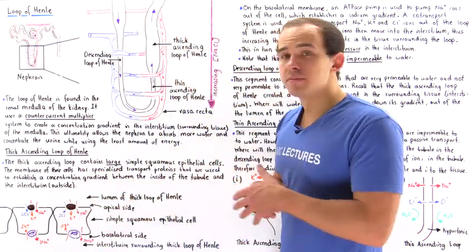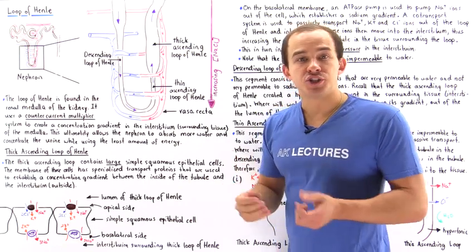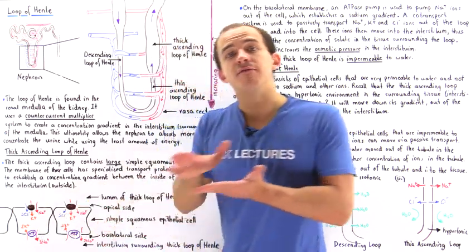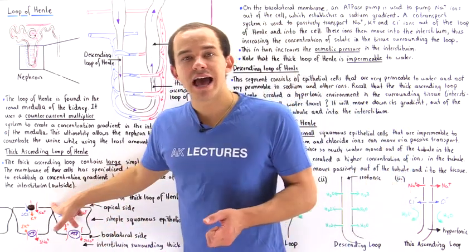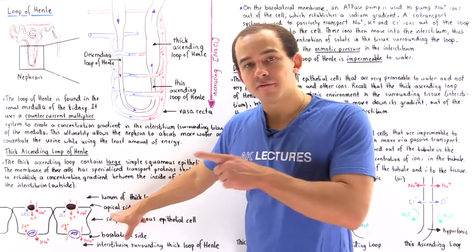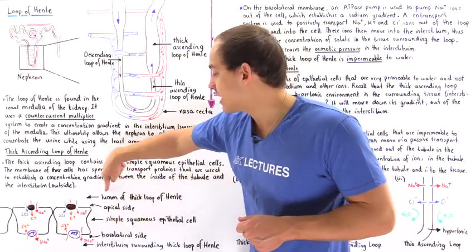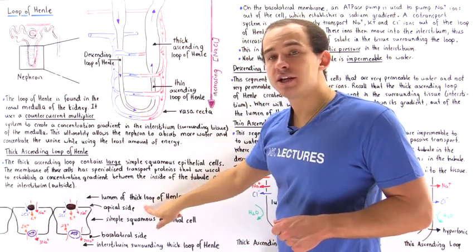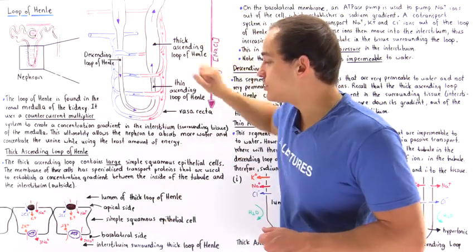And what this ultimately does is it establishes a gradient for sodium. So inside the cell, we have less sodium than on the outside. And so what happens on the apical side of our cell? The apical side is the side that points towards the lumen of the thick loop of Henle, the inside of the tubule.